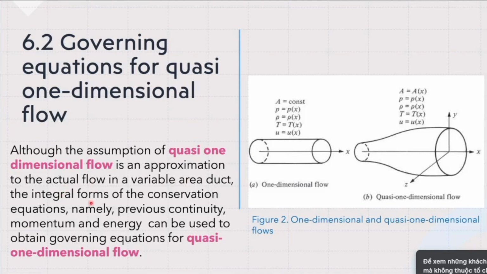The integral forms of the conservation equations, namely the continuity equation, momentum equation, and energy equation, can be used. We have already introduced these, so they can also be used to obtain the governing equations for this particular quasi one-dimensional flow.